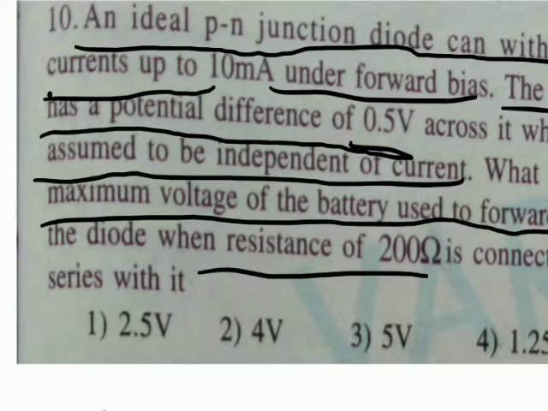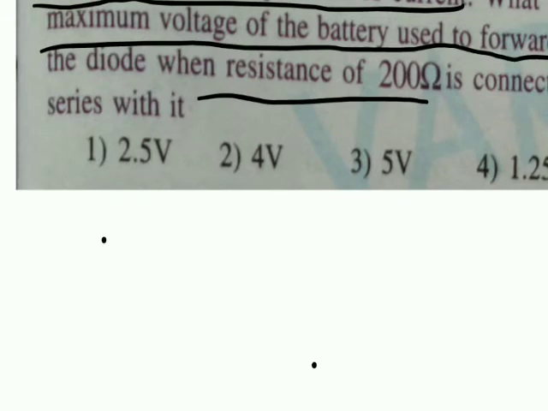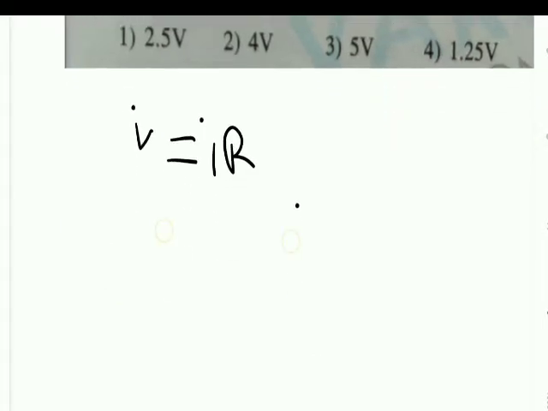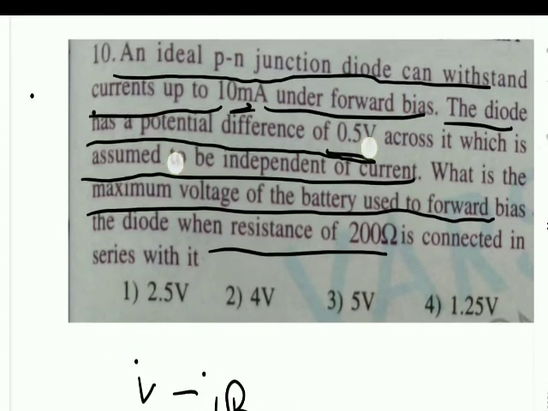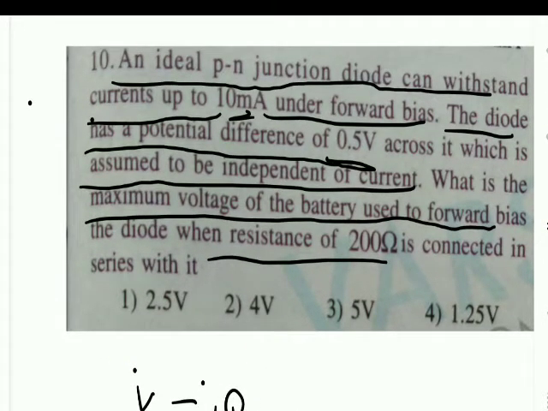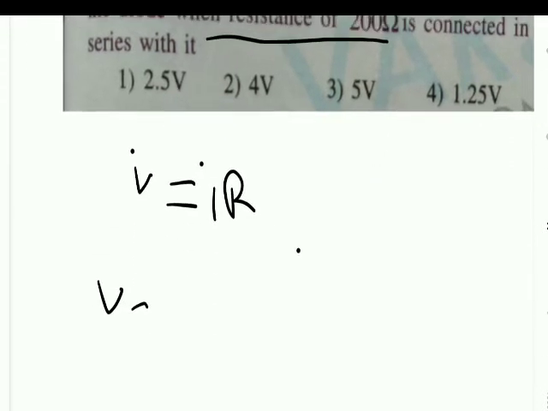current is 10 milliamps. From our formula, the relation between potential, current and resistance, V is equal to I into R. So V minus, here the given diode has a potential difference of 0.5 volts, nothing about a potential barrier, 0.5 volts.